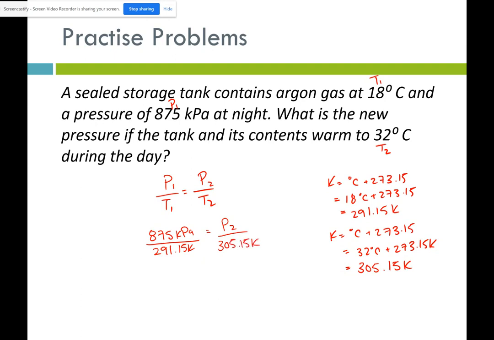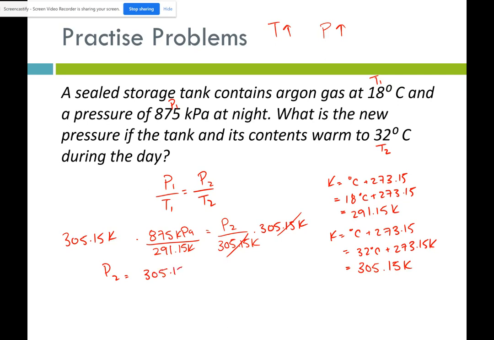Now already, because the temperature is going up, I should be expecting the pressure to go up because those are going to vary together. If one doubles, the other one will double. So I should be expecting to get a number bigger than 875. So to get pressure 2 by itself, I'm going to multiply both sides by 305.15 Kelvin.